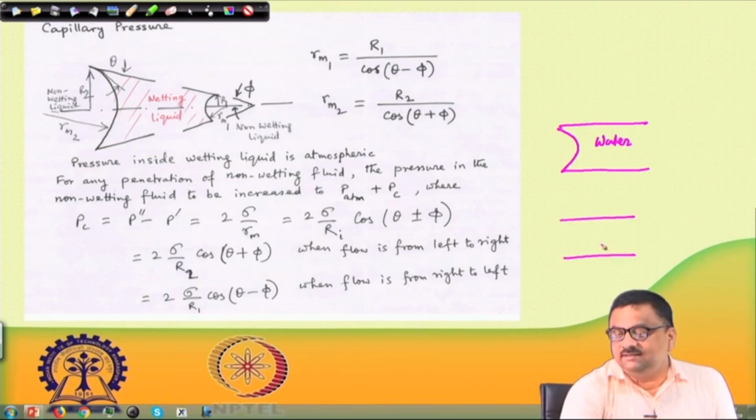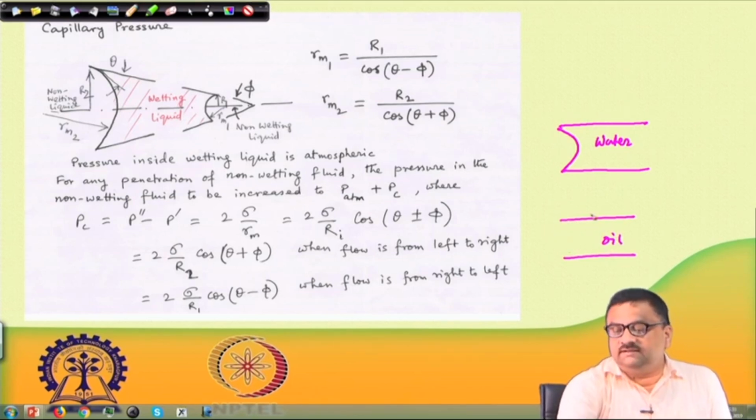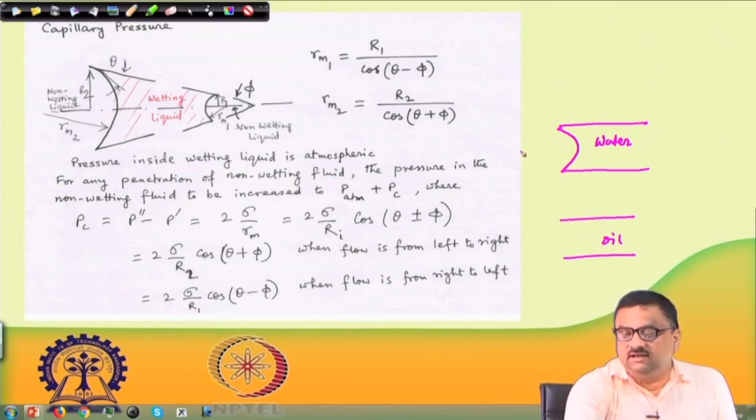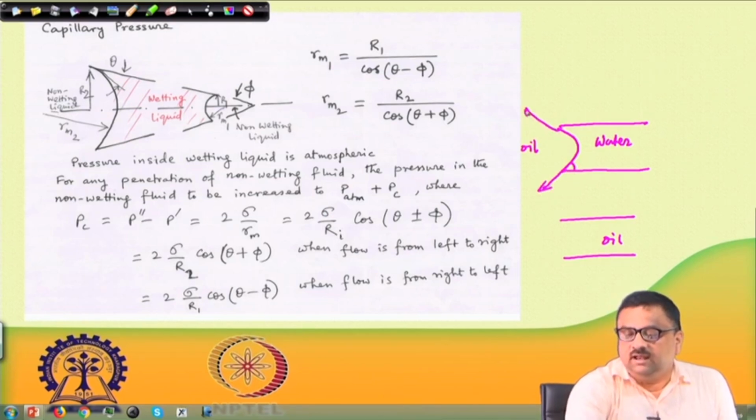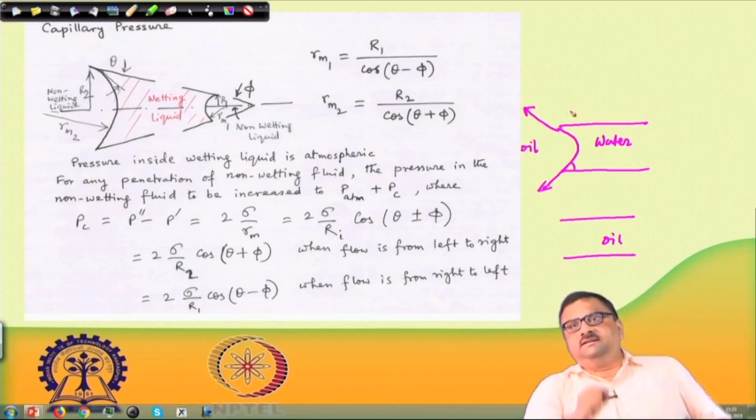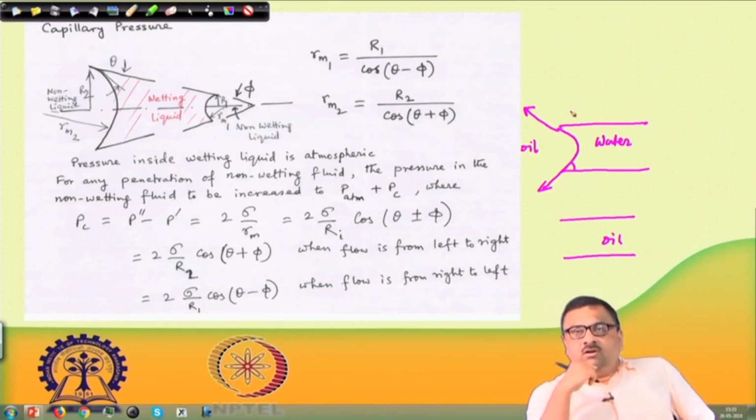So now this is water and outside it is oil. There is this angle here, which is the contact angle, and this is how the surface tension would be acting. We have already talked about this in case of capillary rise. In case of capillary rise, gravity played some role.